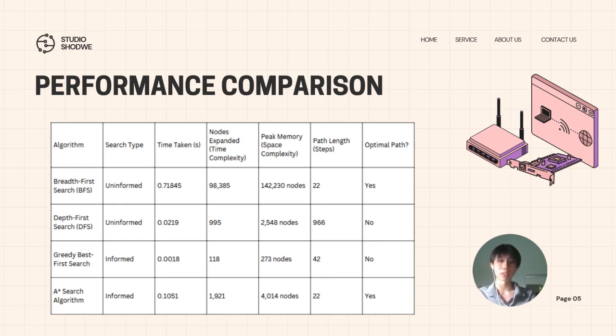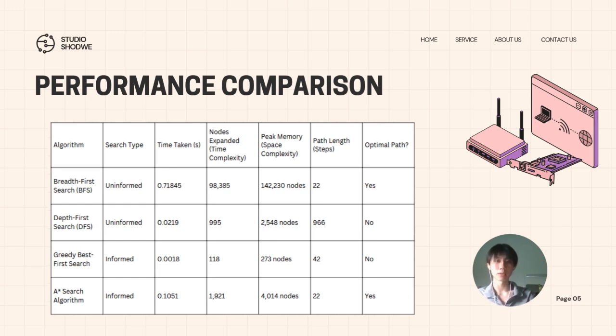So this is the fastest algorithm to find the solution for the problem, and this is basically due to the number of nodes that it explores being only around 100, and this also causes the memory consumption for this algorithm to be quite low, as it only stores around 200 nodes in its memory. So the path length found for the greedy algorithm is 42, which is not an optimal path for the problem.